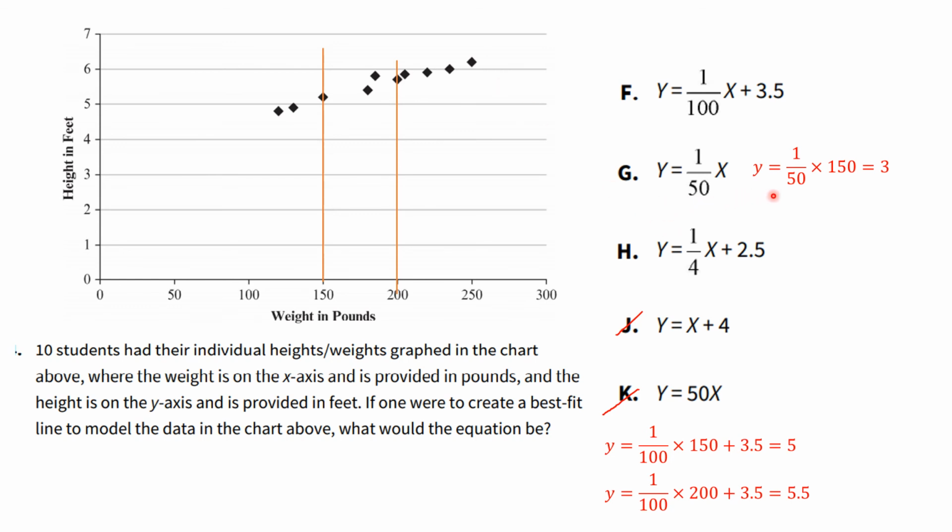If you try 150 here, you are going to get an answer of 3. Does 150 correspond to a 3 on the y? So don't continue. And if you try H also, you will see that it doesn't make sense. The answer does not match the y that I'm expecting. So the only possible equation here for the line of best fit for this question is F.